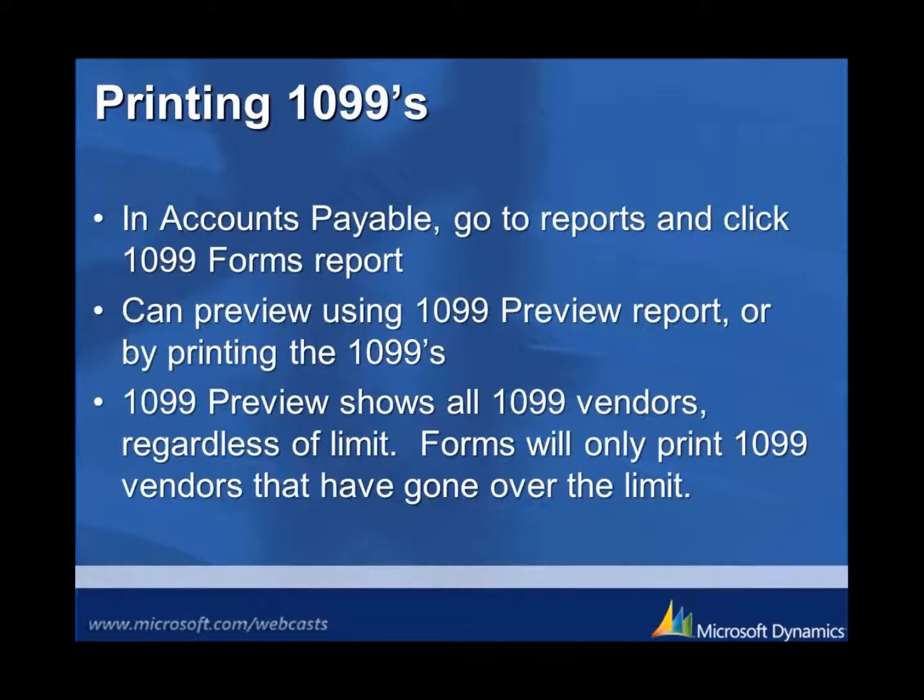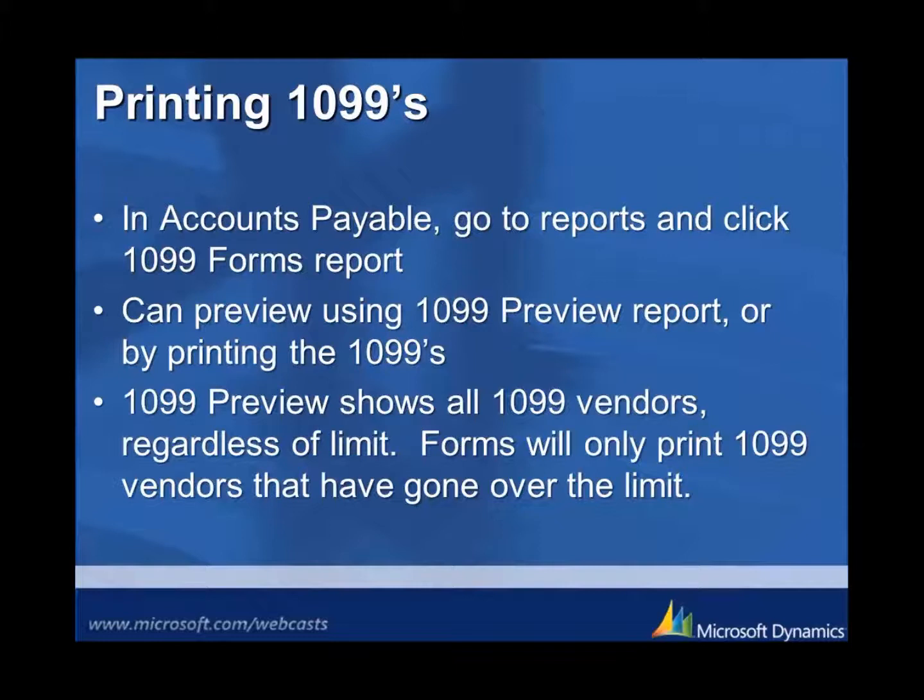If you're printing the 1099s, you go into reports, you click the 1099 forms report. You can do a preview. There's a 1099 preview report, or you can go ahead and print the 1099s to blank paper. Now, one thing that is important to know is that the 1099 preview shows all 1099 vendors, even if they have not gone over the limit. So it's going to show you everybody.